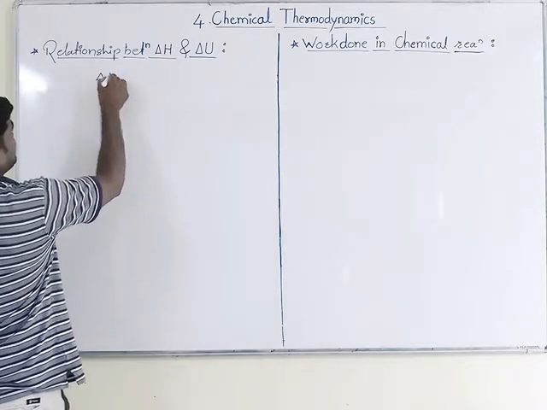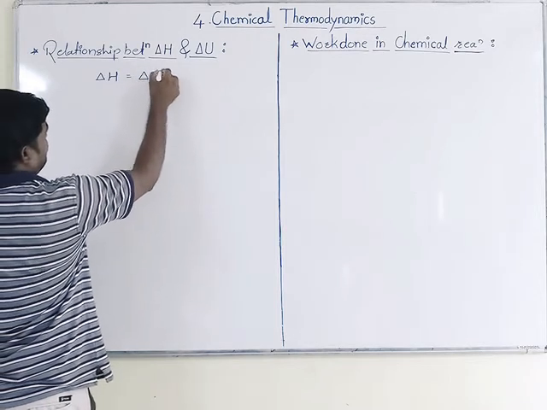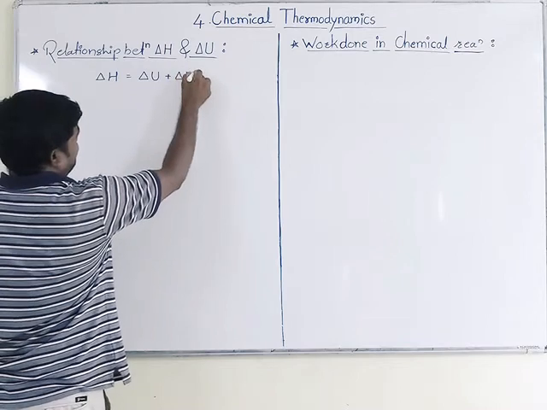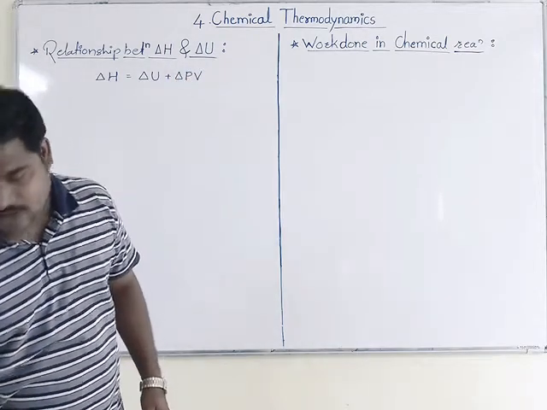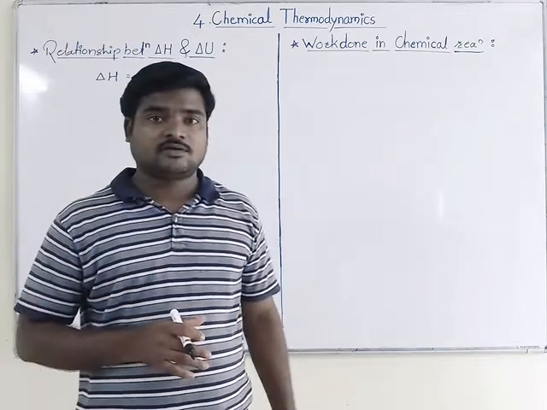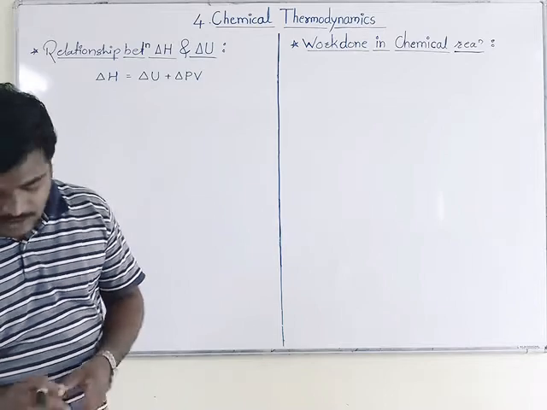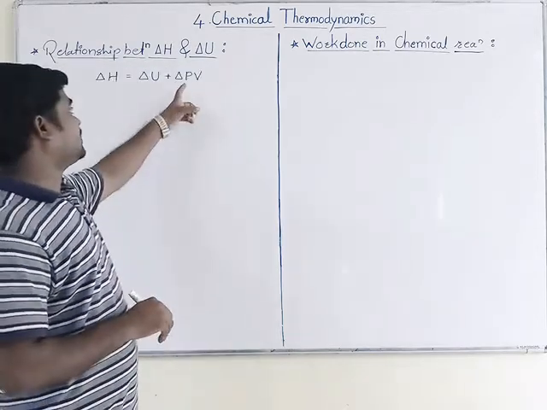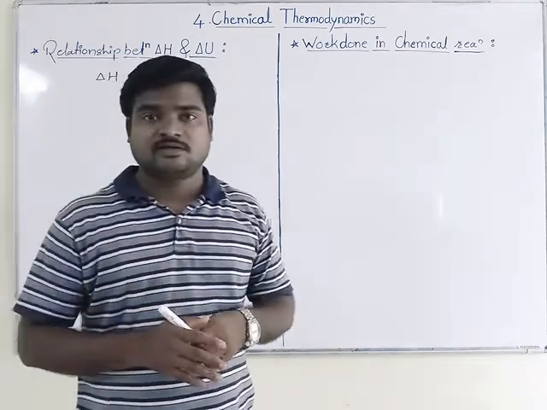Delta H is equal to delta U plus delta PV. This equation we already learned, but we will modify it by taking the term P outside this delta. Why?